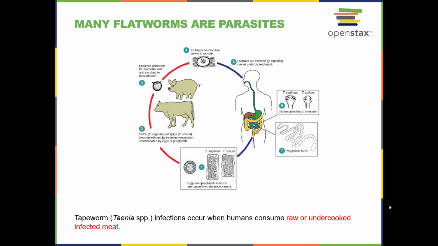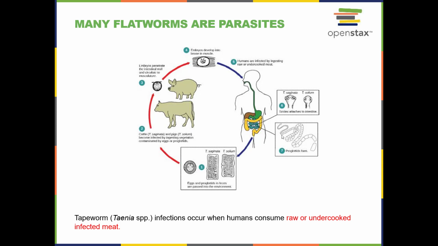So in terms of parasitic flatworms, there are a couple of groups. One is shown here, the tapeworm, which is genus Taenia. And this is a very flat worm, except at one end it has kind of a rounded structure called the scolex. And that scolex has hooks on it, and it attaches to the intestine inside the host.